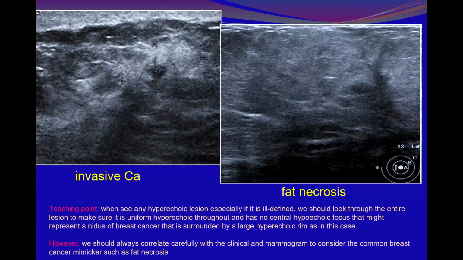So the teaching point: when we see any hyperechoic lesion, especially if it is ill-defined, we should look through the entire lesion to make sure it is uniformly hyperechoic. We have to exclude any central hypoechoic focus that might represent a nidus of breast cancer surrounded by a large hyperechoic rind, as in these cases, okay?